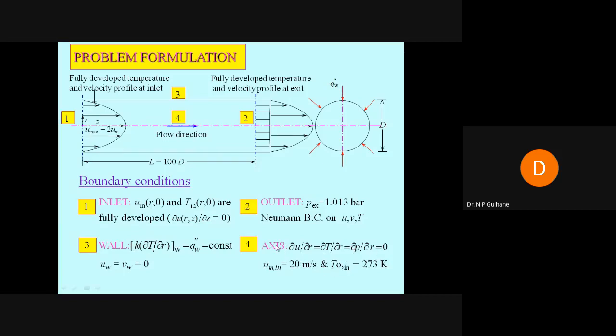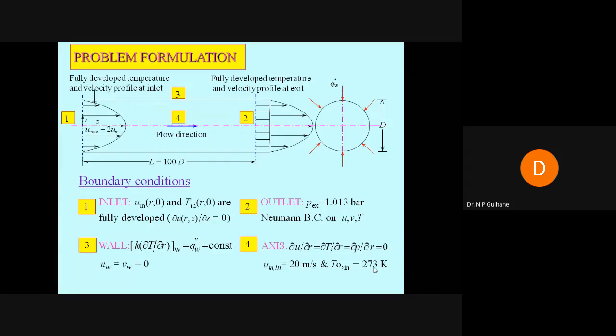And for the boundary conditions, the value for this, we have chosen the value of Um, which is entering at the inlet, as one constant value. That constant value is taken from the previous literature as 20 meter per second. And T0 at inlet, we have considered 273 Kelvin, meaning 0 degree temperature.